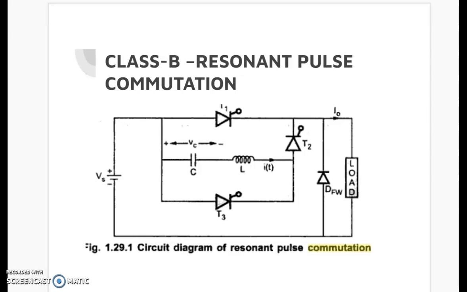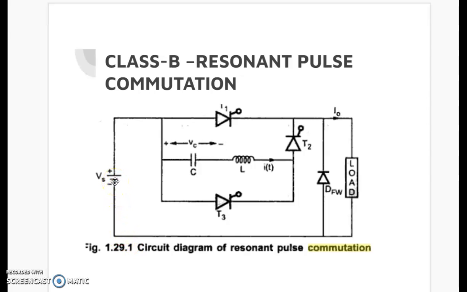We'll see the working of the class B commutator. This is the circuit of the class B commutator, in which again DC supply is given, with positive and negative voltage. At the beginning, let us take this one as the first SCR, which needs to be commutated. The gate pulse is given to this SCR and the SCR starts to conduct. The current will start flowing from the positive end, flow via the SCR to the load and come back to the negative end.